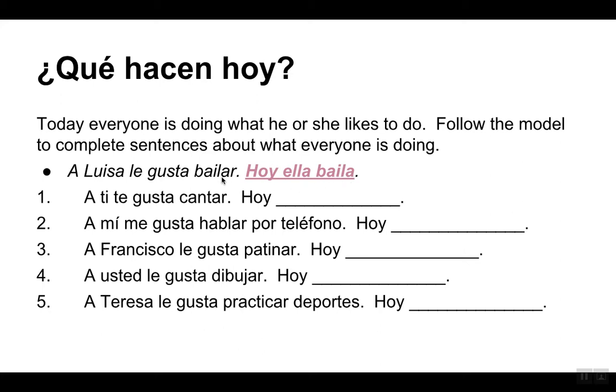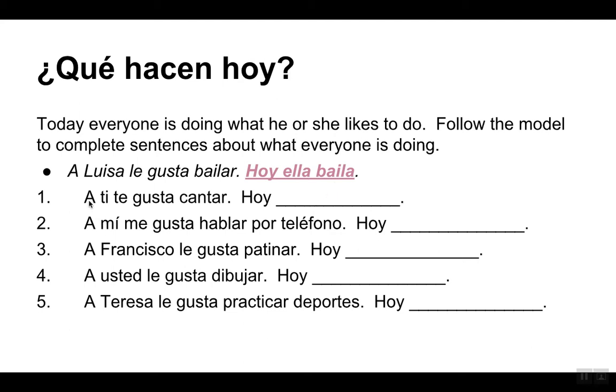So we took the verb bailar, we took off AR, and we plugged in the ending for Luisa. A subject pronoun to replace Luisa is ella. So if I look on my little chart, I find ella in the bottom left-hand corner, in the box at the bottom, third person singular. And the ending for ella is a. So after I took off AR, I plugged in my A, and I'm left with baila. Today, she dances.